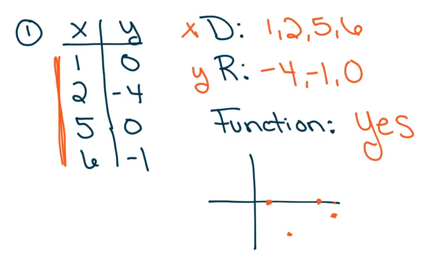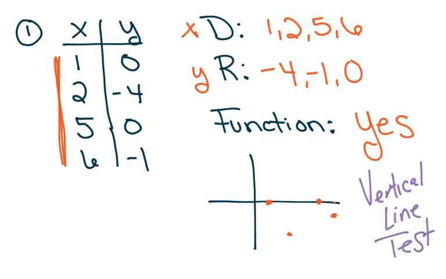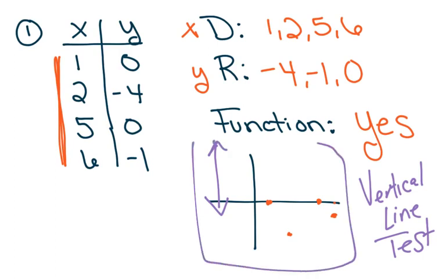Another way to look at this is the vertical line test. What we want to do is draw a vertical line, which means up and down, and make sure that there are no spots on this graph where there are two dots right on top of each other. And there isn't. So that means it passes the vertical line test. That's a visual way to look at it.